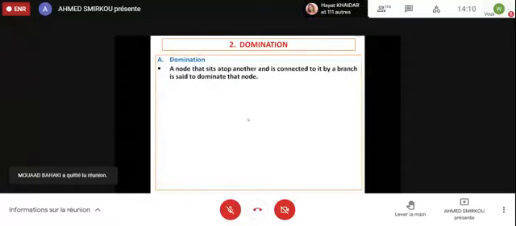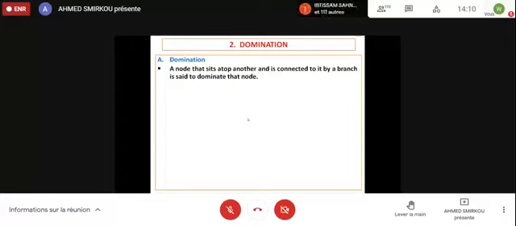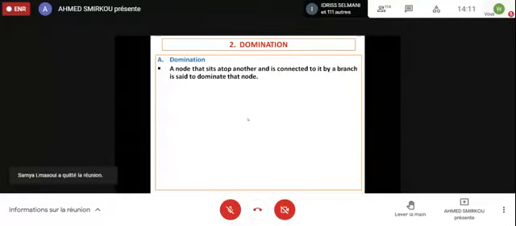A node that sits atop another and is connected to it by a branch is said to dominate that node, which means here we're talking about the mother and the daughter. A node that sits atop another, which means it is its mother, and is connected to it by a branch, by a line, is said to dominate that node.